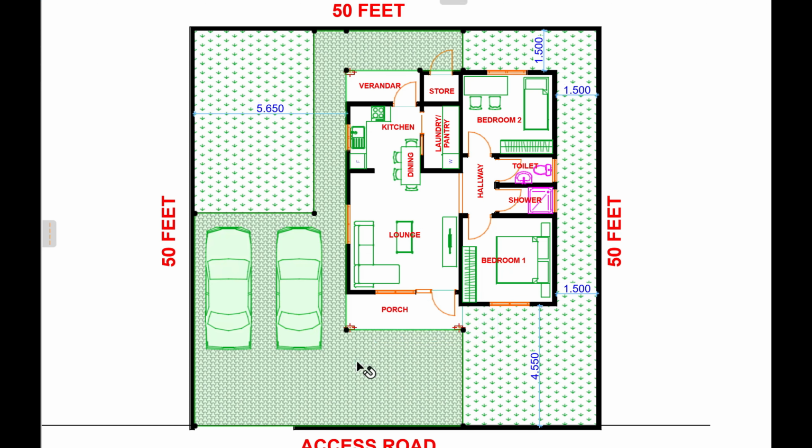Then this area I've selected is a hardscape area for parking, which can be paved. And this other area I've selected, this area and this area, is the softscape area where we can plant our grass. So the plot is accessed via here, and here you enter through the main house.